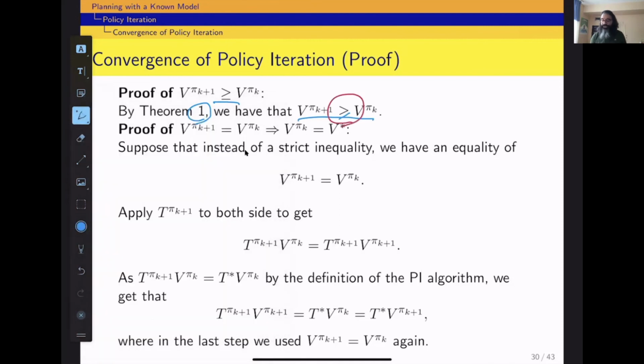That's a greater-or-equal, not a strict equality. The other is that suppose V of pi k plus 1 and V of pi k are the same, so the value functions are not changing at two different iterations. Then the claim is that V of pi k should already be the optimal value function.